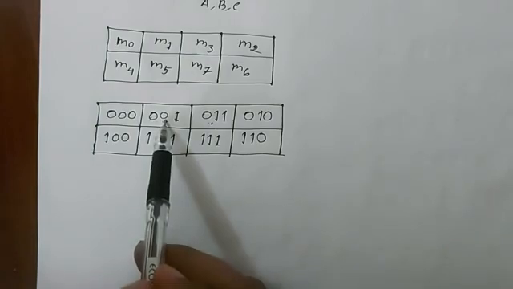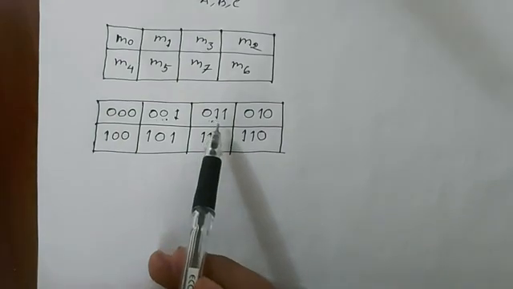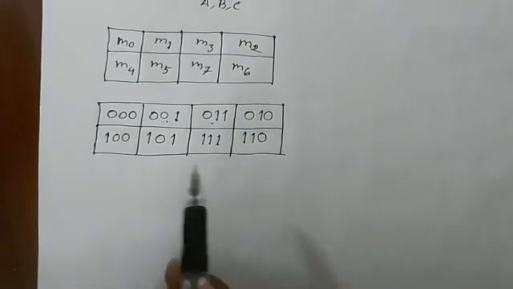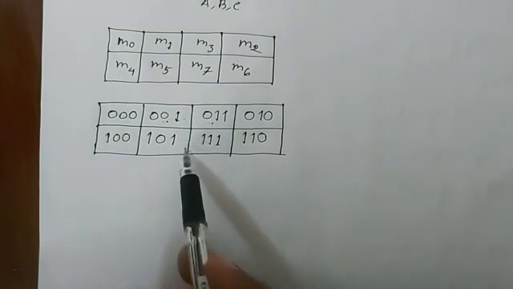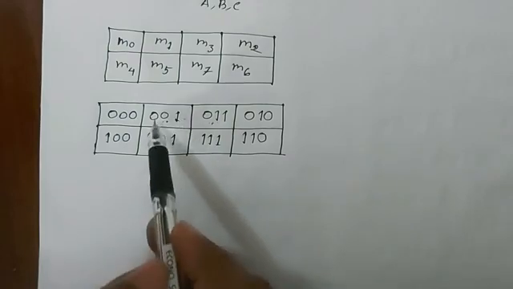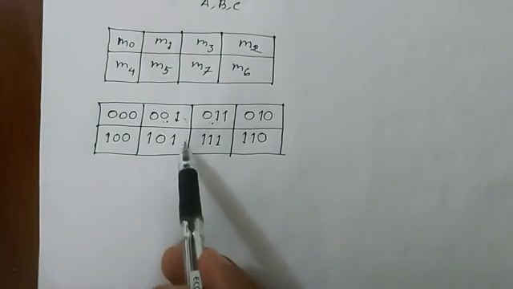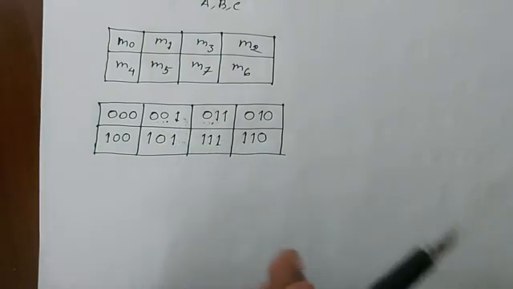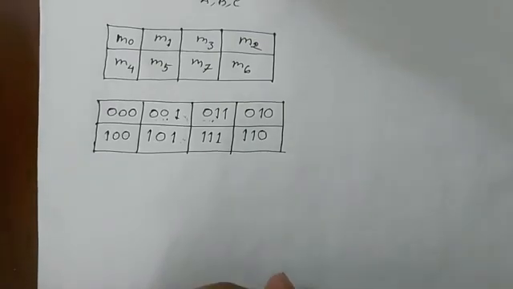The last bit is different. This is 0 and this is 1, right? So only one bit difference. Or take this one and this one: the last two bits are the same, the first bit is not the same. So these two are also adjacent. So any two adjacent cells will have only one bit difference.